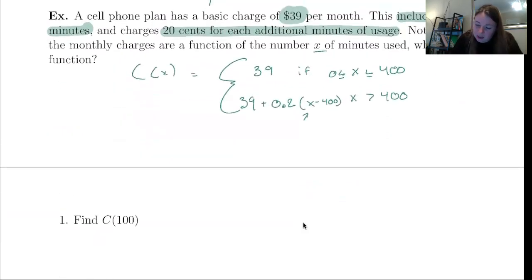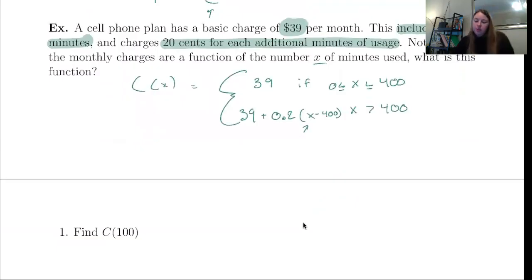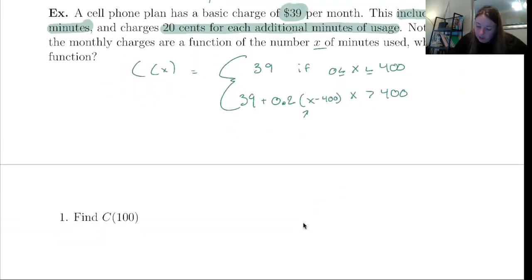So now we're asked to find a few values. So find C of 100. This is a little bit extra of a step like it was earlier for function notation to just plug it in. I'm not going to plug it into both of them. I first need to check which domain 100 falls into.